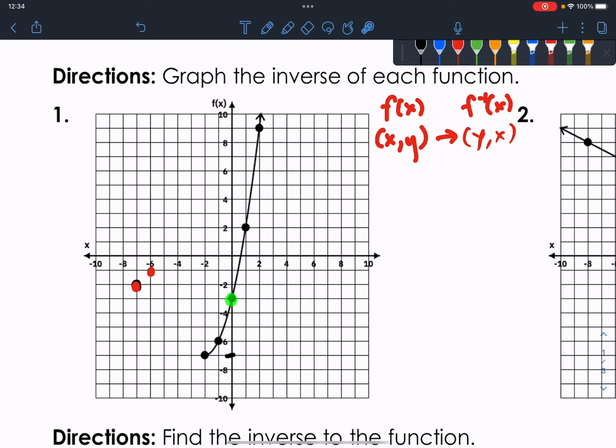The following point is located on the y-axis at 0, -3. So then we'll have a point on the x-axis at -3, 0. Our next point is at 1, 2. So we'll have our next point at 2, 1. And the last point we have is this one up here, which is at 2, 9, which means when I reflect it would be at 9, 2.